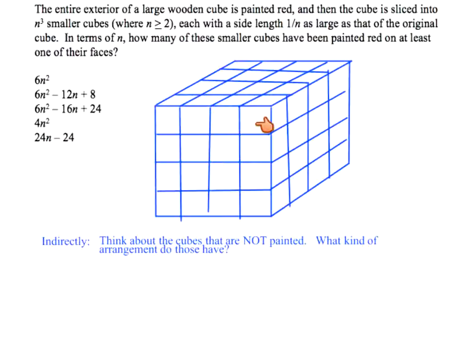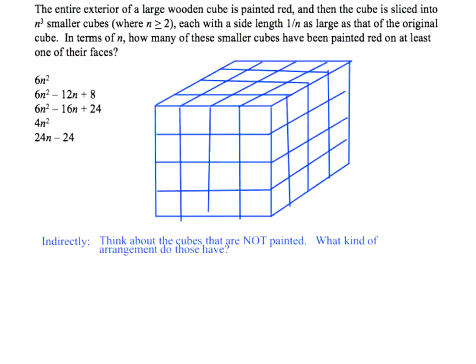But if you picture the inside core part of the cube, anything that's in the middle is not on the edges. There's n-2 this way, n-2 that way, and n-2 that way. If you have a stack that's 4 by 4 by 4, there'll be a 2 by 2 by 2 group in the middle of that stack. If you have a stack that's 8 by 8 by 8, you'll have a 6 by 6 by 6 group in the middle of that.